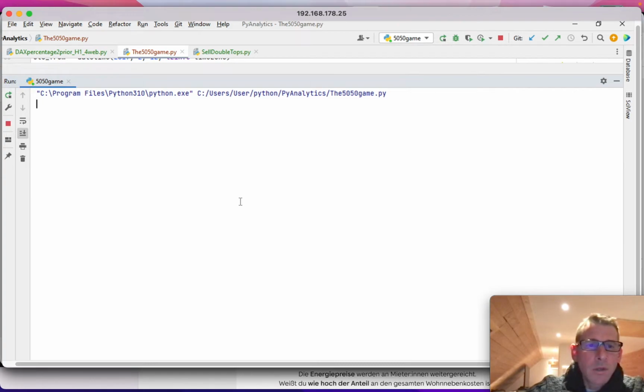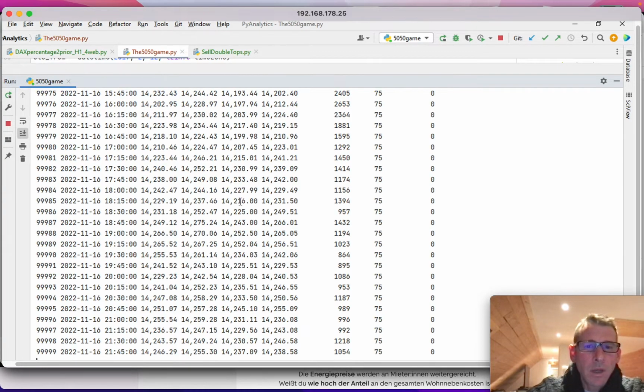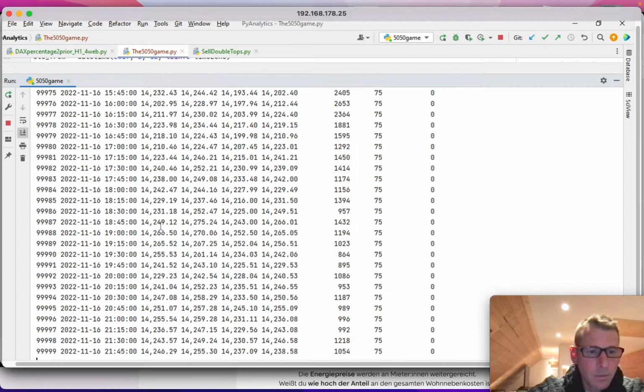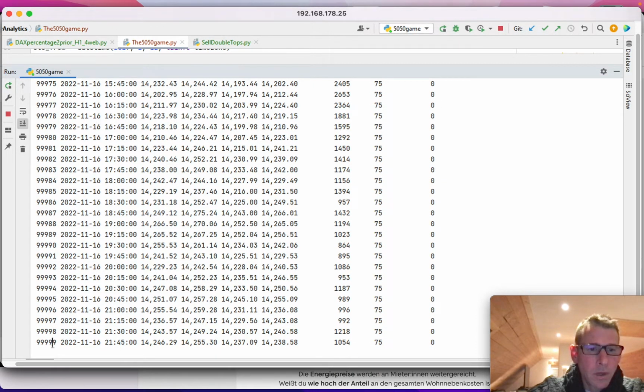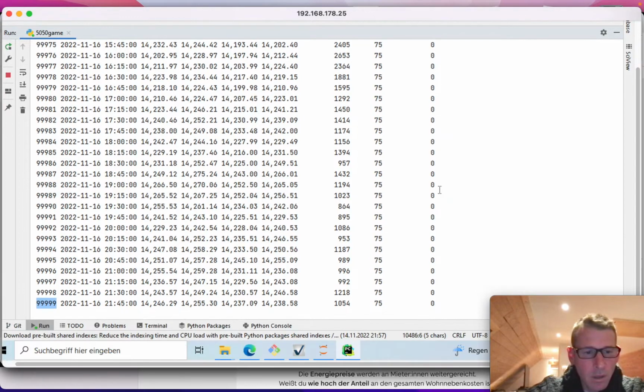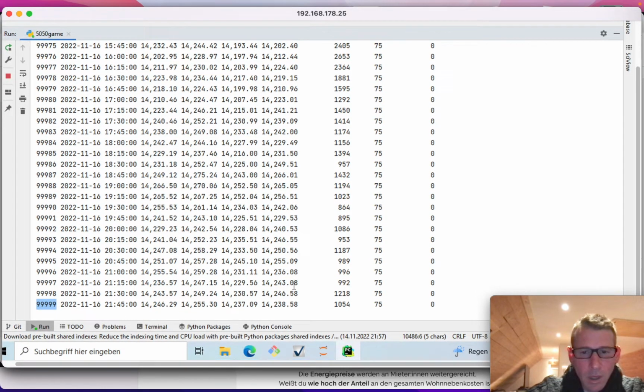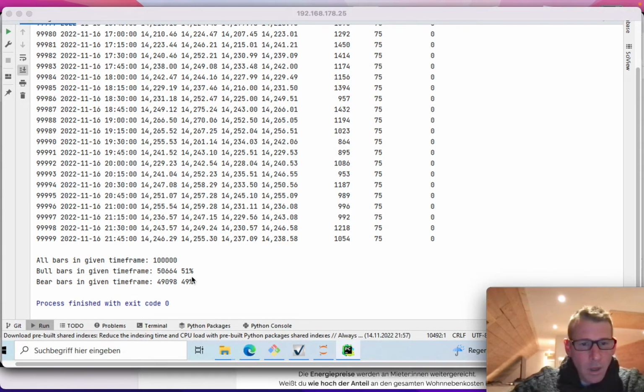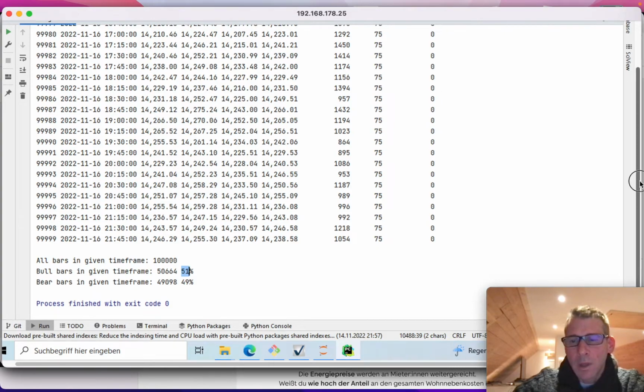Takes some time because it's now getting a lot more bars. You see it's 100,000 plus a zero. It's the default setting from the broker. They keep 100,000 bars from each time frame in the history. Here you go. We are getting even closer to the 50-50.